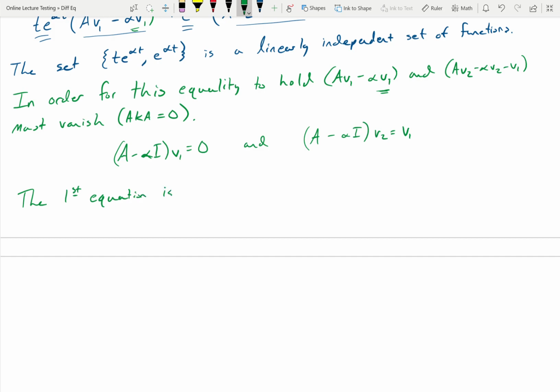is simply the eigenvector equation. Which means V1 is equal to the eigenvector corresponding to lambda is equal to alpha.